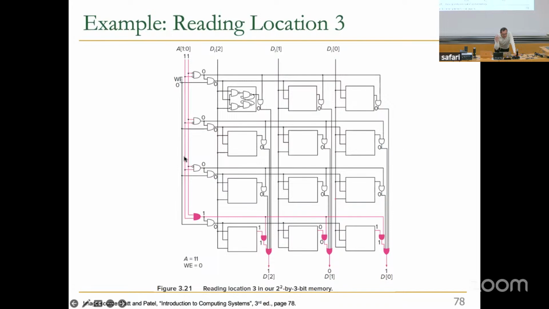So essentially, the inputs to the memory are the address bits, write enable bit, and also the data bits that you want to write if the write enable bit is 1. And the outputs are really these bits. Okay? And you can simulate this and you can convince yourself, hopefully.